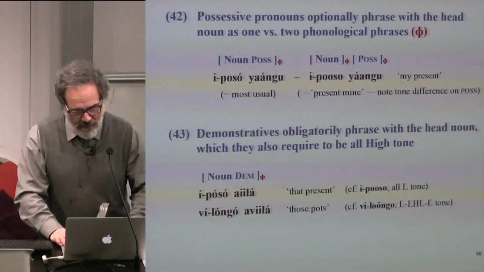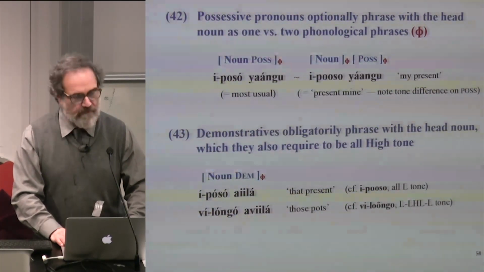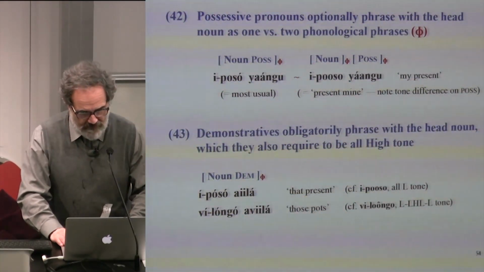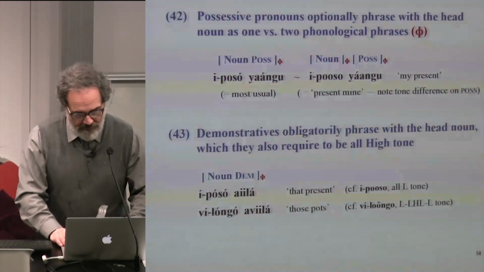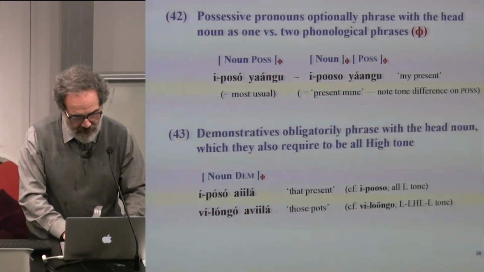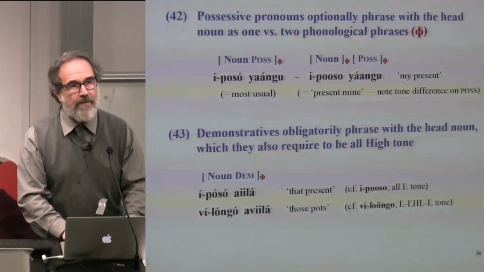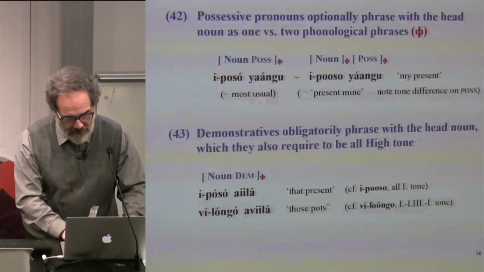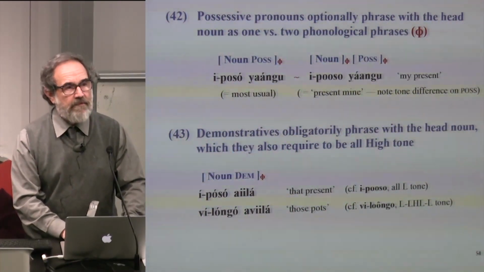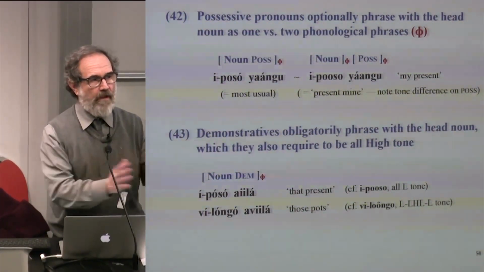And what's even more crucial than that, however, is that demonstratives must phrase with the head noun. So that's what you see in the examples in 43. These nouns that I'm showing you here all have short vowels on them. So you get iposo, aila, for example. And you can also see in these examples that the demonstratives require that the nouns become all high tone.